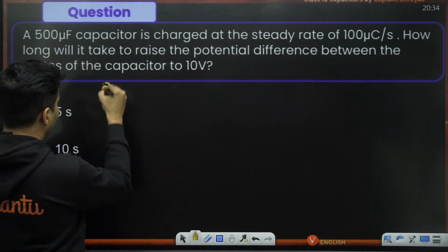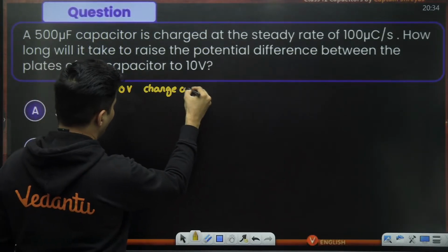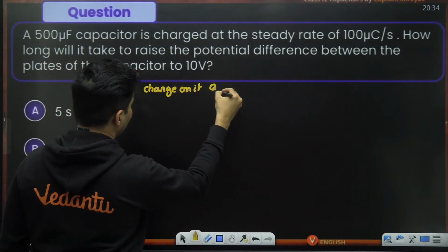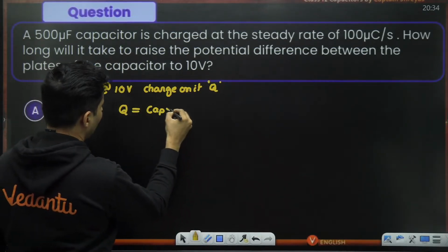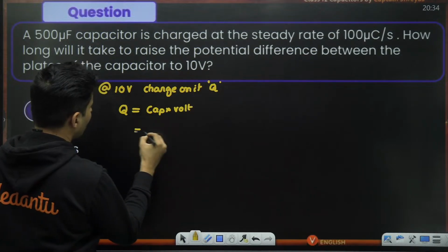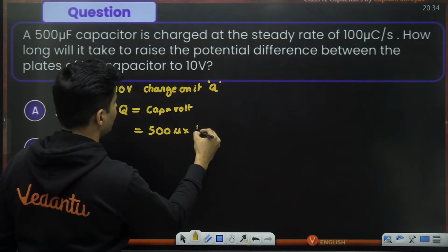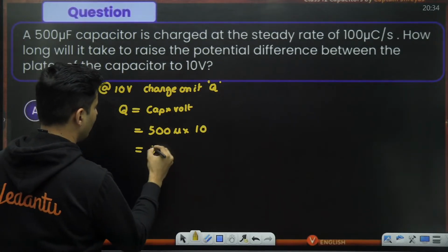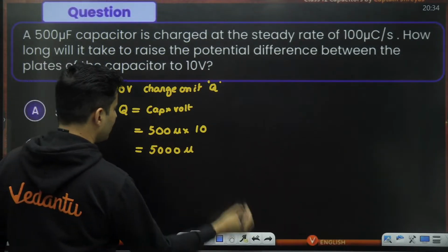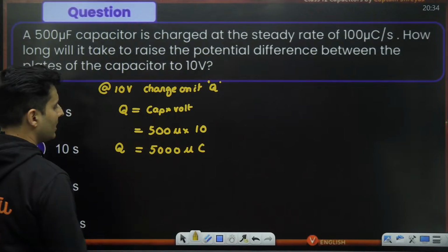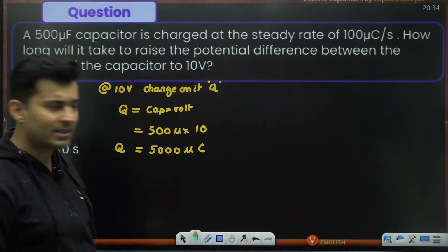Let's say the charge on it is Q. This Q is capacitance multiplied by voltage. Capacitance is 500 micro and voltage is 10. So this is nothing but 5000 micro, in coulomb. This is the total charge.